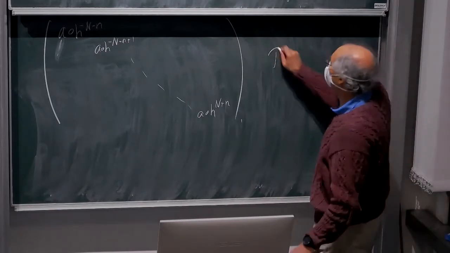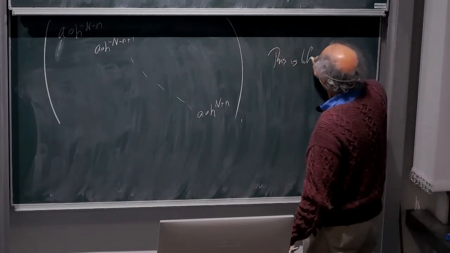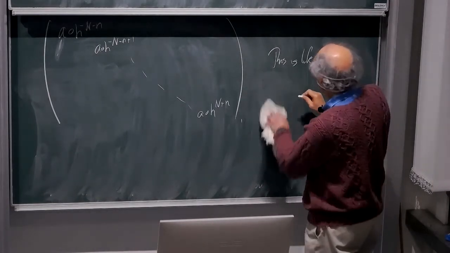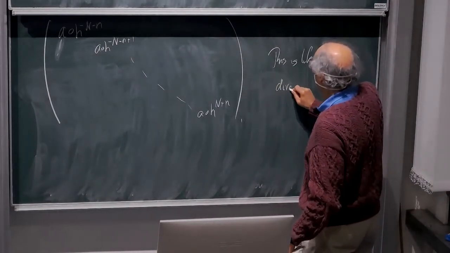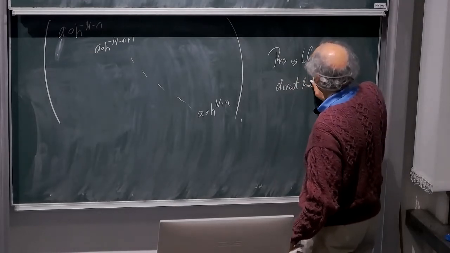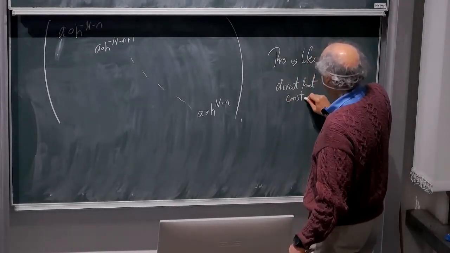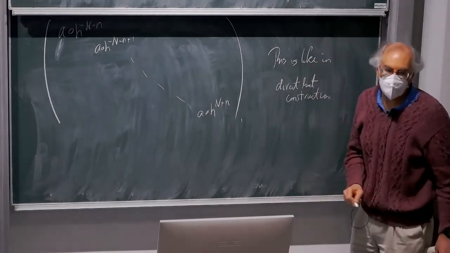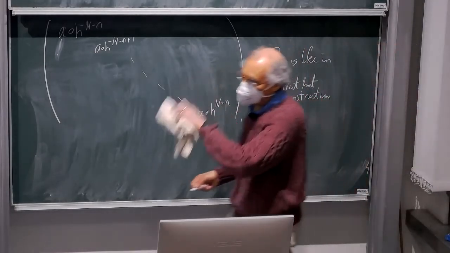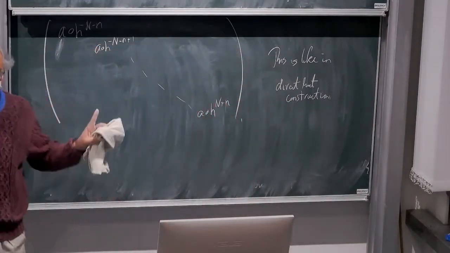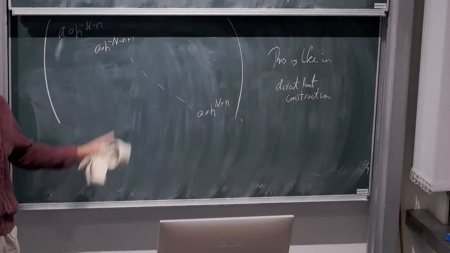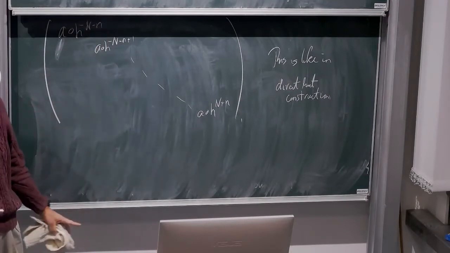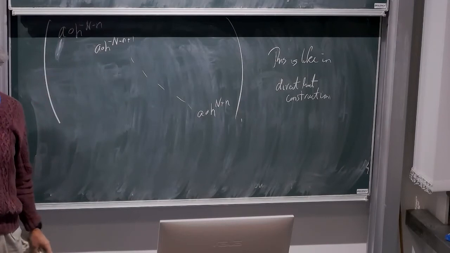So this is like in the examples in the direct limit construction. So the sorts of things which are used there also apply here. And of course, there is one significant technical thing I've suppressed entirely, which is how you do this cut down.